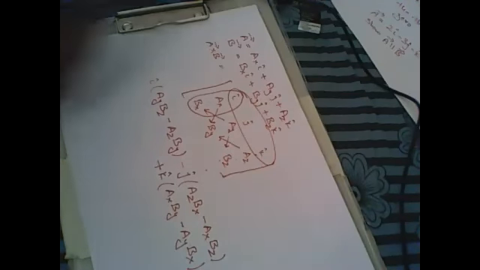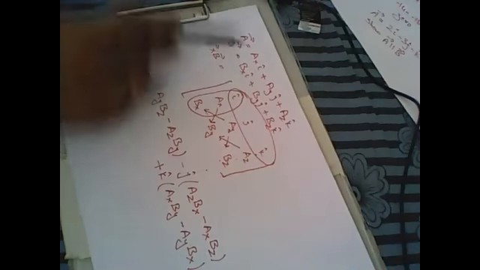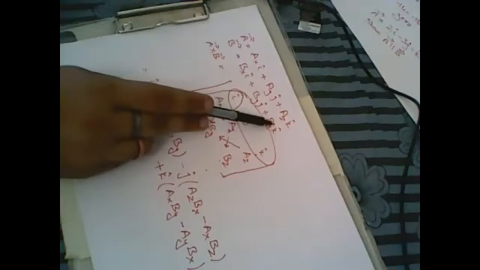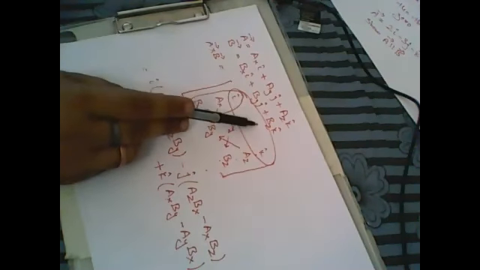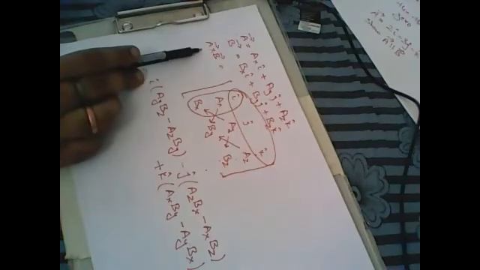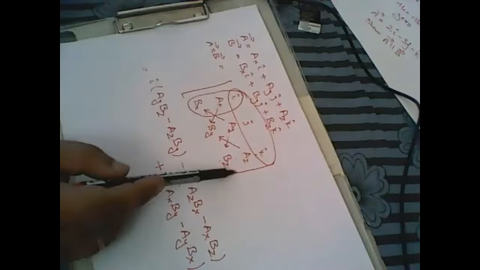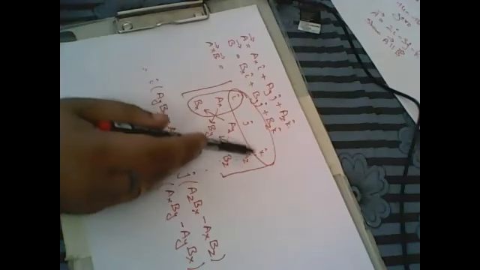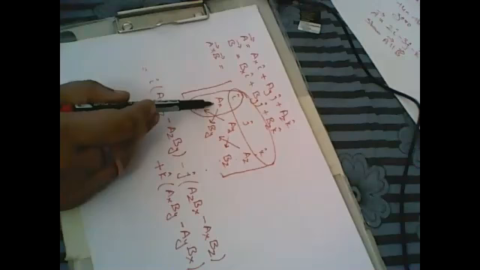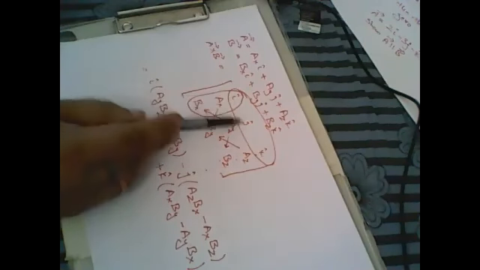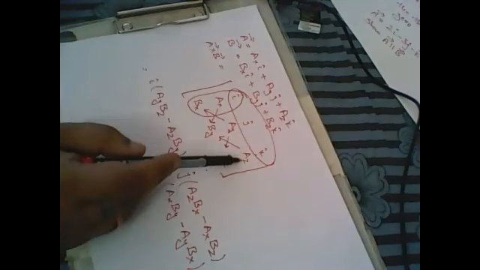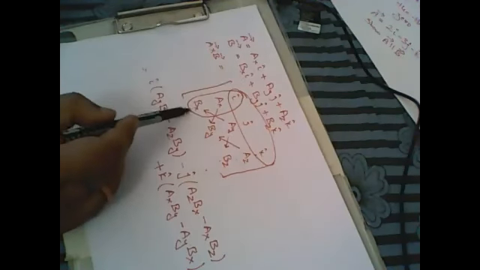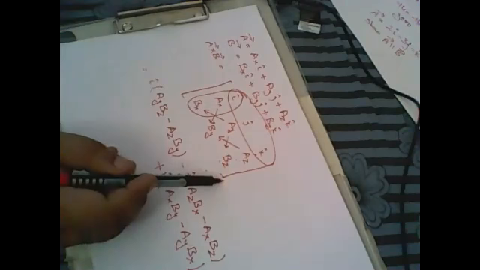I'm repeating again. We have a vector, ax i cap, ay j cap, az k cap, b vector, bx i cap, by j cap plus bz k cap, and we want the cross product a vector cross b vector. In determinant form, first write i cap, j cap and k cap, then their elements: for a vector ax, ay, az; for b vector bx, by and bz.